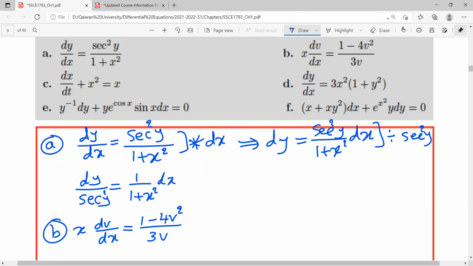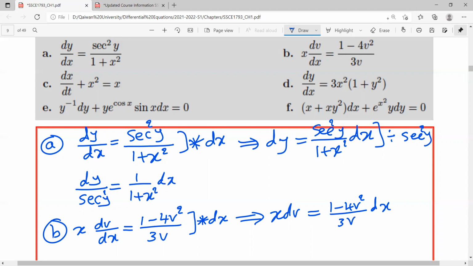First of all, we should multiply both sides by dx. What we get is x dv on the left-hand side, and on the right-hand side we get 1 minus 4v squared over 3v dx.